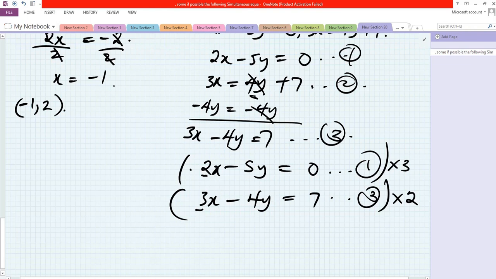To eliminate x, we use the coefficient of x in equation 3 and multiply all through equation 1. Then we also use the coefficient of x in equation 1, which is 2, to multiply all through equation 3, so that the coefficient of x in both equations that we will get will be the same.